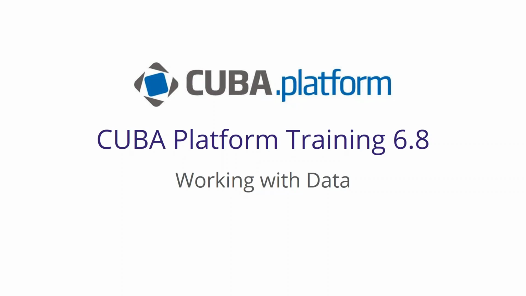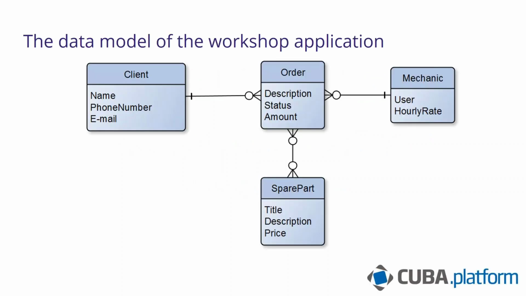Let's go to the data model of our project today. In today's lesson, we will use the workshop application as an example. A workshop application is just a simple and small sample project where we have implemented a bicycle workshop with clients, orders, mechanics, and spare parts.